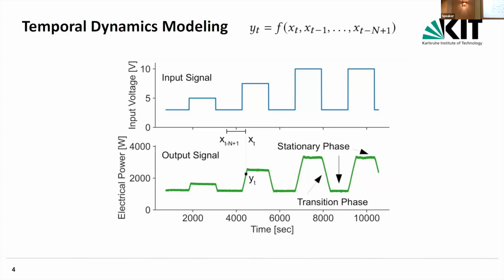Can some of you tell me what are the two differences between the input and the output of this gas turbine? Apart from colors. The ramps, yes, the ramps is one thing. So you see there is a delay that is caused by the operating of the gas turbine.